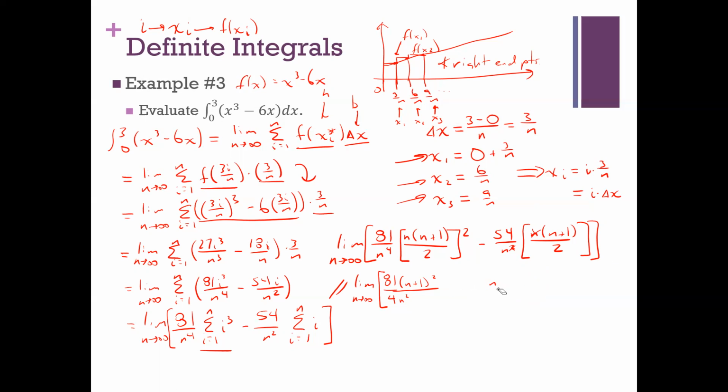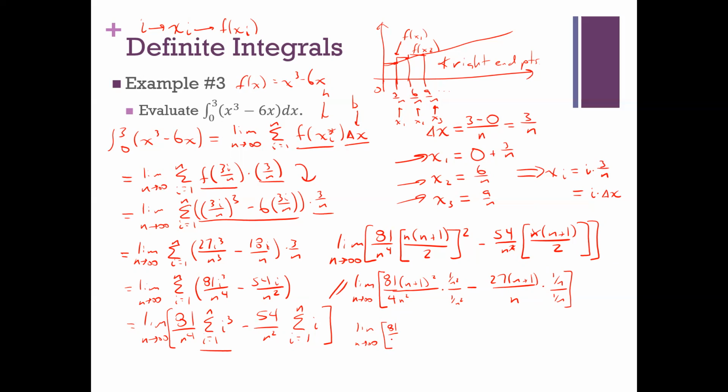Actually, give myself some room. I'm going to multiply this fraction on the left by 1 over n squared over 1 over n squared. I'm going to multiply this one here by 1 over n divided by 1 over n. And that is going to get me to a place where I can actually make my limit laws work for me.